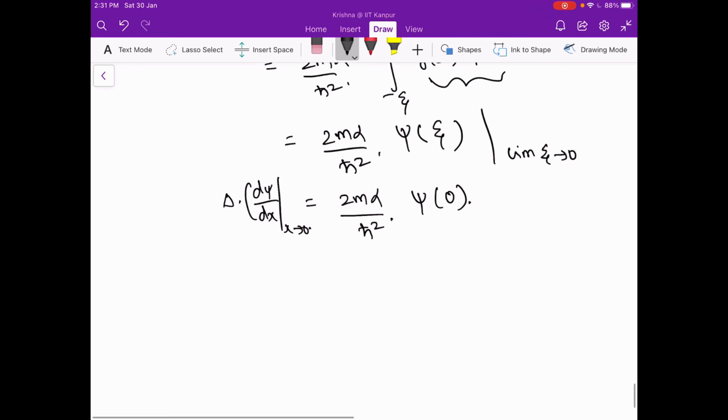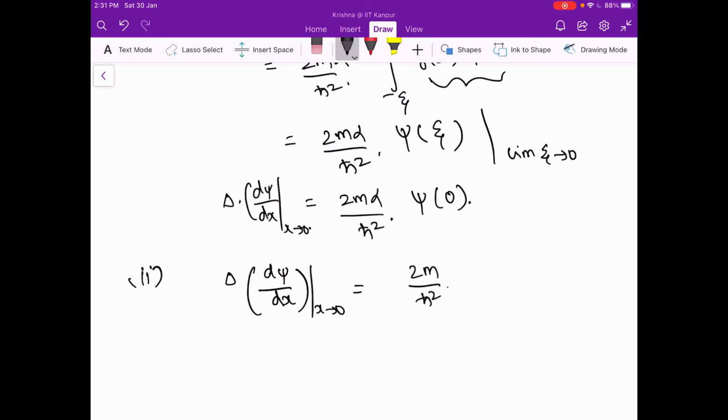So the second boundary condition that we derived is delta d psi by dx at x tending to 0 is 2m by h bar square alpha psi of 0.